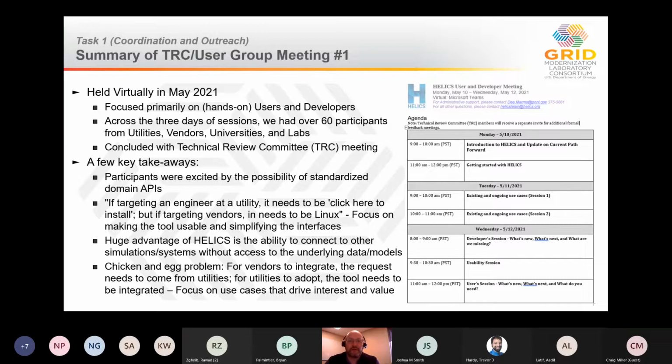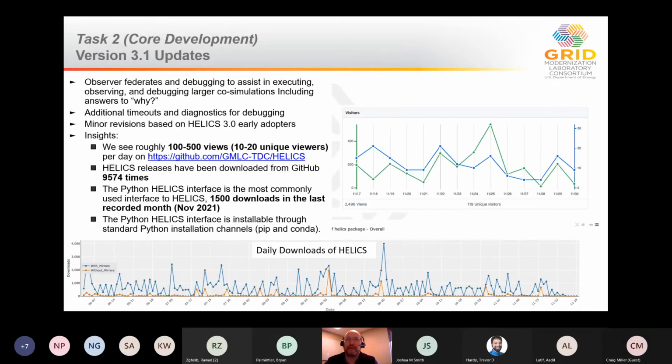And so, in the interest of time, I'm going to go through these next few slides fairly quickly, but they'll be available for folks afterwards. So task 2, which is really the core development features, which is basically building the core itself. There has been a lot of focus on driving up scalability, actually observing, executing, and debugging larger co-simulations that have caused some challenges, quite honestly, in terms of timing.